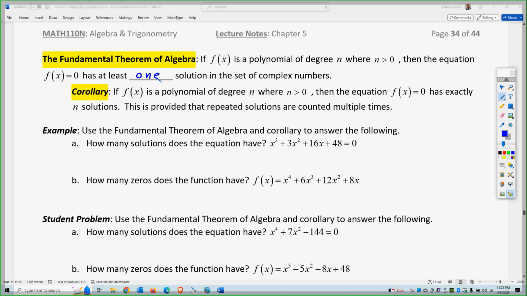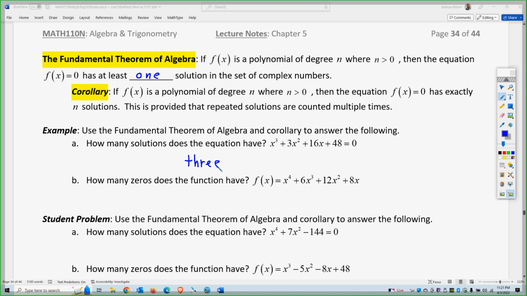And the corollary of that is if the polynomial is degree n, where n is greater than 0, obviously, because it's a polynomial, if you set it equal to 0, it has exactly n solutions, thus that many zeros. So if you look at this equation here for a, how many solutions does it have? 3.